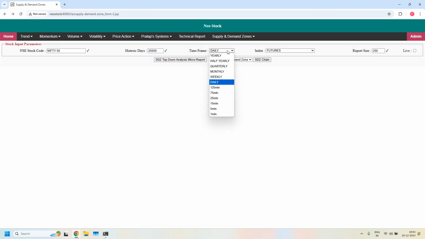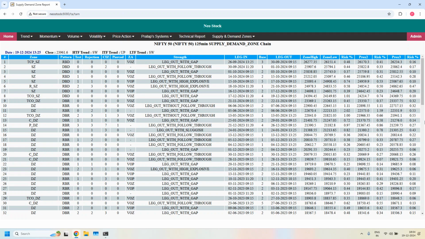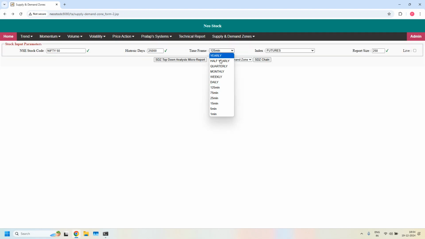Next, generating 125 minutes supply demand zone chain for NIFTY. Okay, next, generating 75 minutes supply demand zone chain for NIFTY.